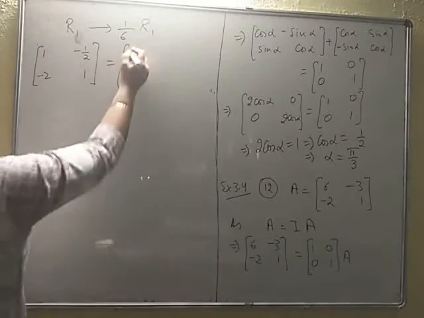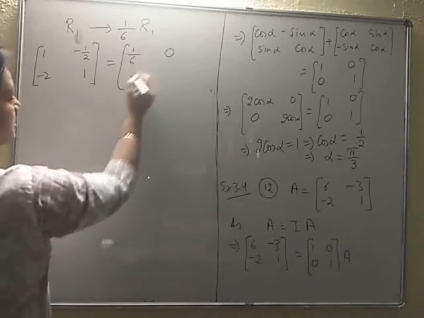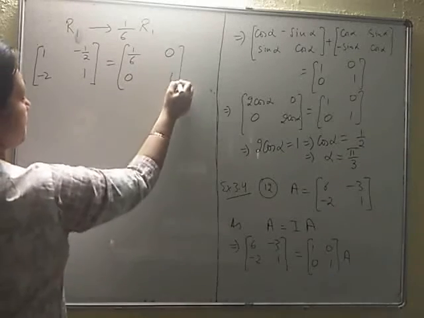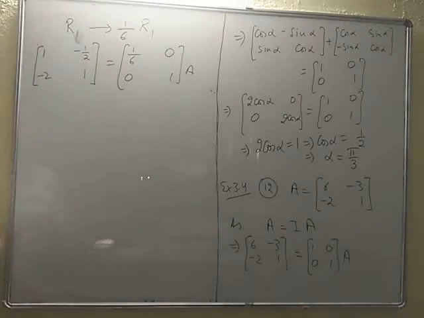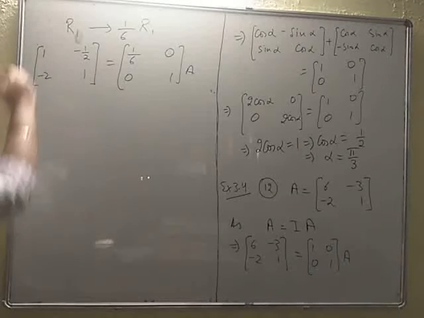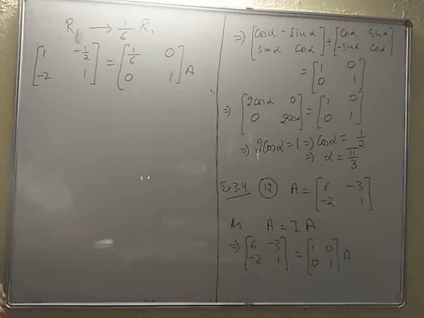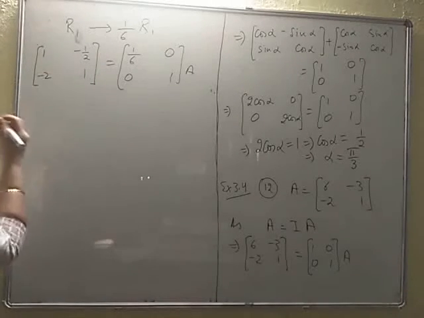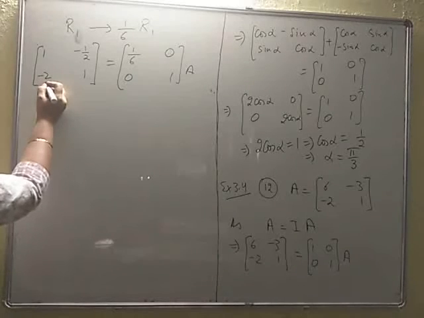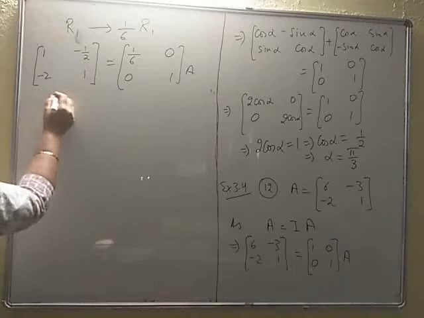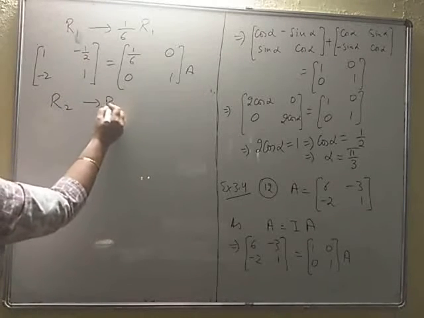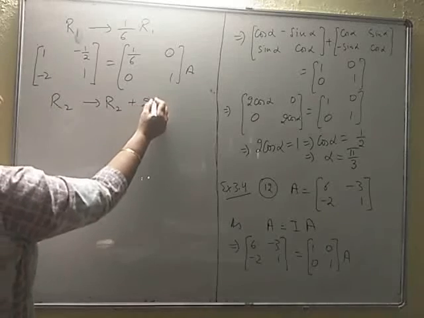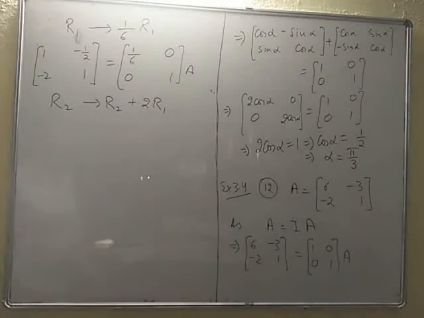On the right hand side, applying the same operation, this is what we get. Fine. So this is converted into a required number. Now after this, this is to be converted to 0. So let us convert it to 0. In this minus 2, if I add 2 times 1, so I can write R2 as R2 plus 2 times R1. That will make it 0.